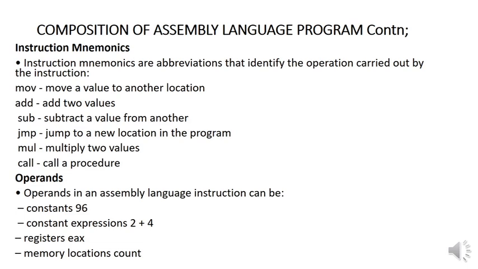Then operands. Operands in an assembly language instruction can be constants, like 96, a constant expression, like 2 plus 4, a register, like EAX, or a memory location, like count.